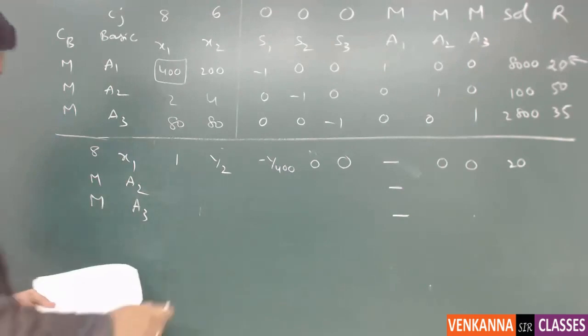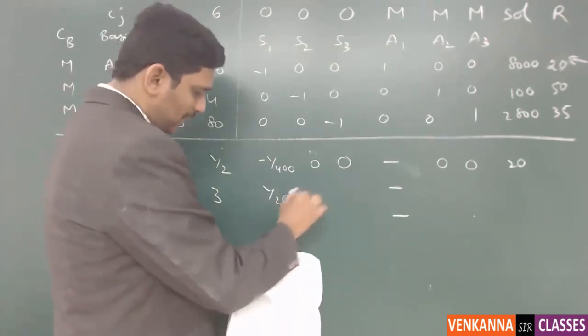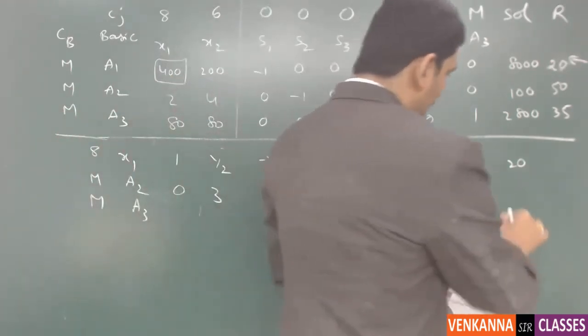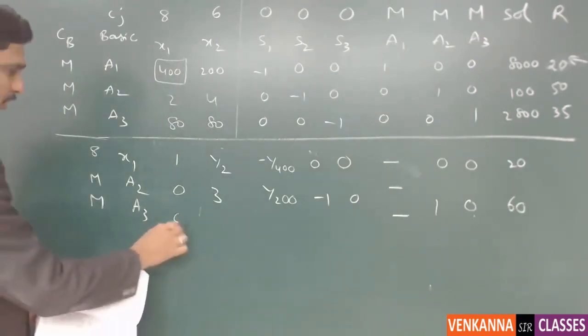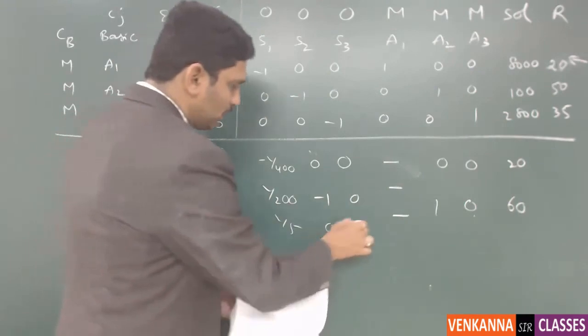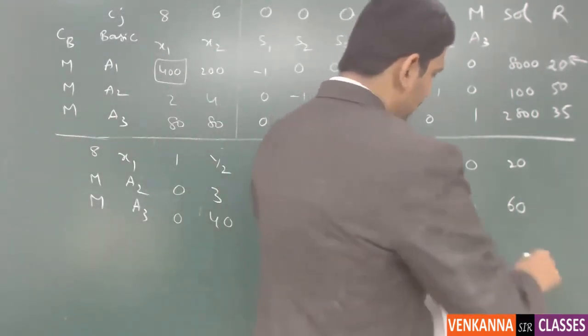So it will be 0, 3, 1 by 200, minus 1, 0, 1, 0, and you have 60 here. And coming for the next thing, it will be 0, 40, 1 by 5, 0, minus 1, 0, 1, and you have the value 1200 here.